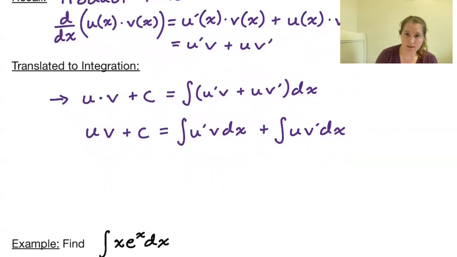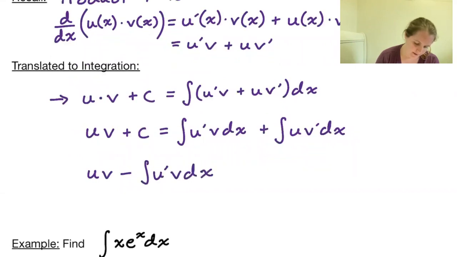And then rearranging this, we therefore get that if we do uv minus the integral of u prime v dx, but that'll sort of absorb the c into it. This should be equal to the integral of uv prime dx.